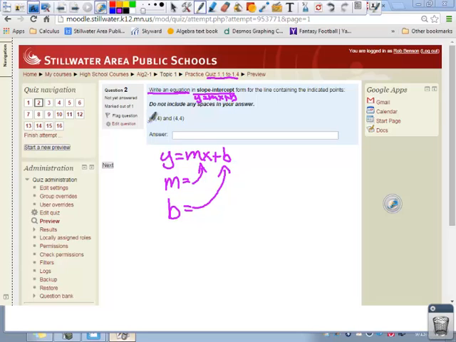When I look at these two coordinates, I notice that this 4 and this 4, both of them my y's, are the same. If you have a coordinate plane, and a point at -9, 4, and another point at 4, 4, a line going through them is a flat line.